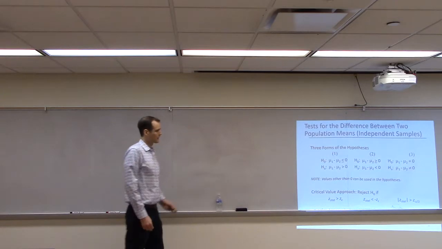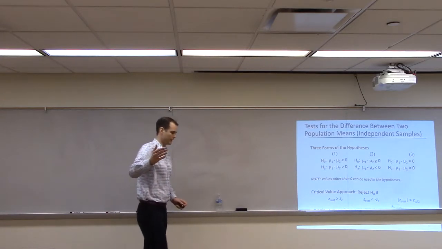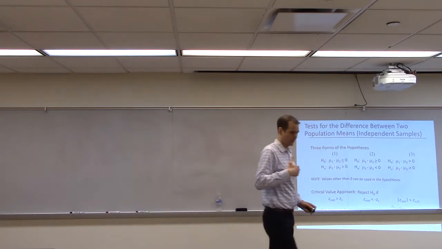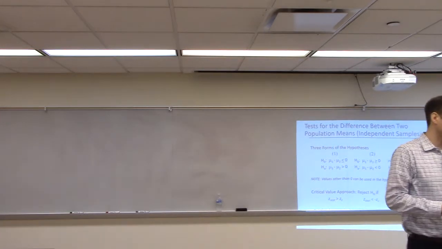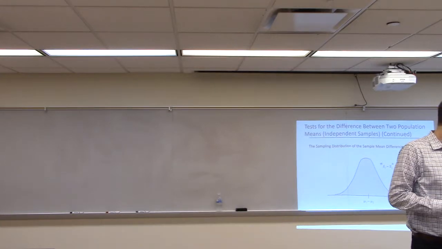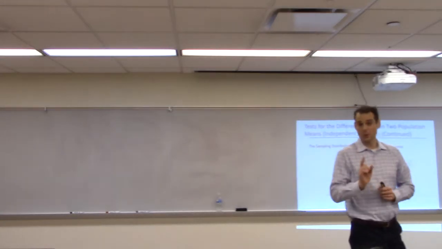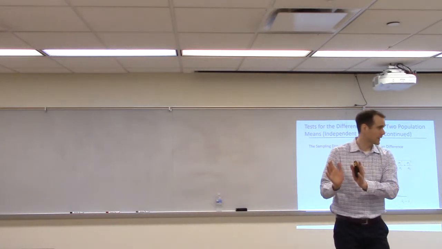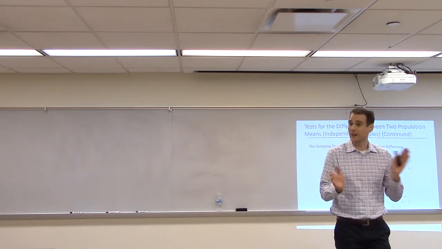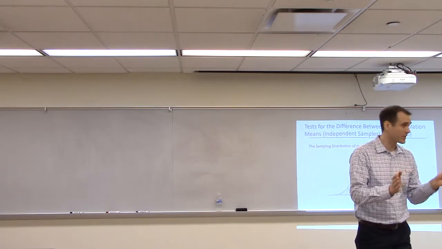Okay, so I make a statement that the average income in town 1 is the same as the average income in town 2. You're skeptical of that, so you go out and get some data. Income in town 1, income in town 2. You find that in your sample data they're not quite the same.